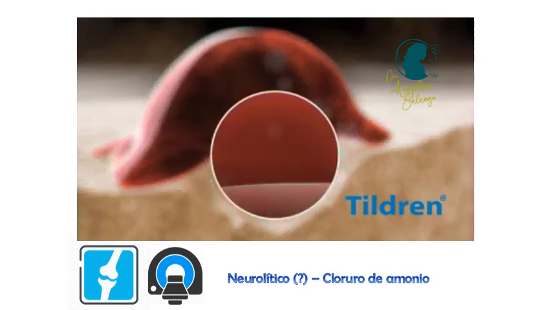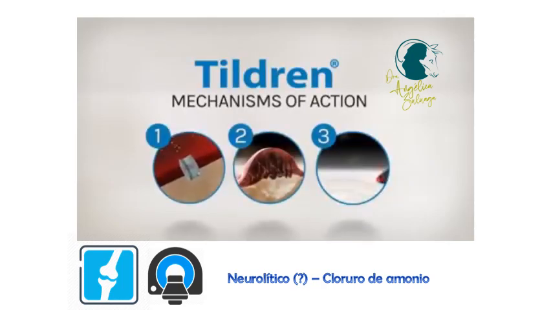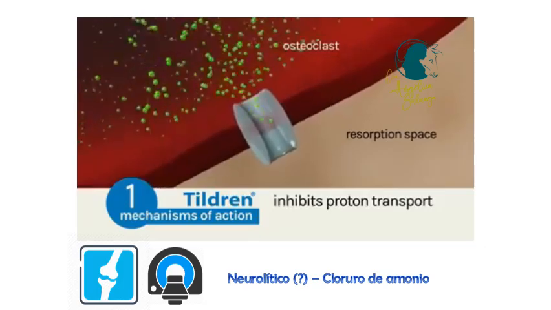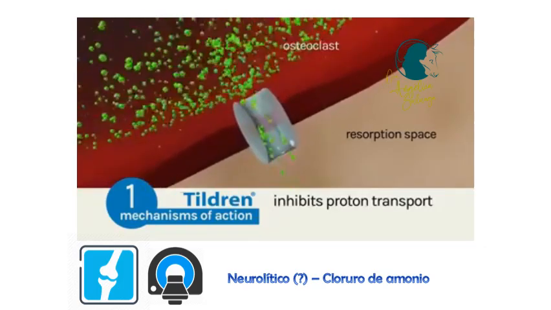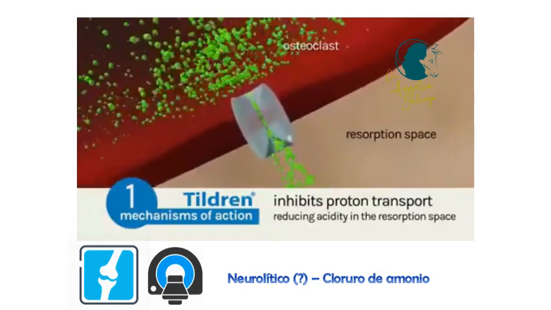Tildren penetrates the osteoclast by endocytosis. Once inside the osteoclast, Tildren has three mechanisms of action, resulting in modulation of osteoclastic activity. Tildren inhibits the transport of protons across the membrane to the resorption space, creating a less acidic environment.